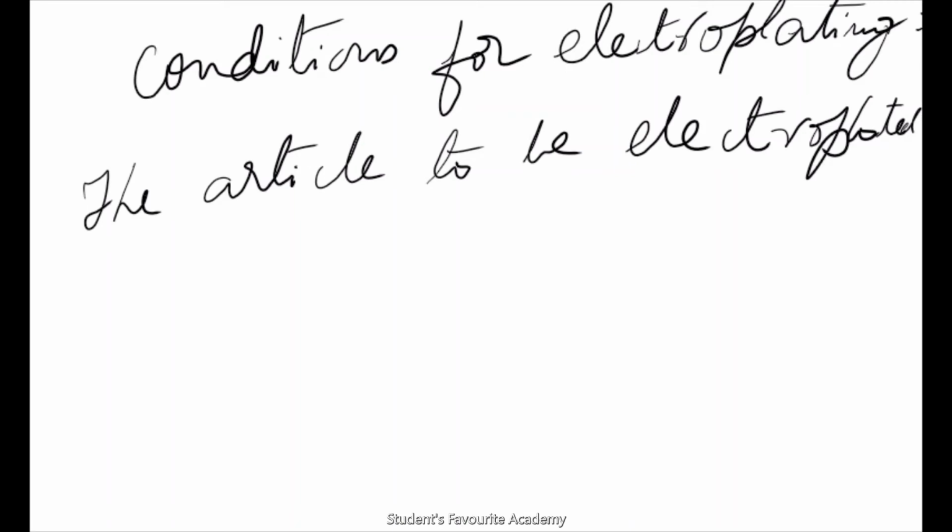This is a very often asked question. You are asked to even draw the diagram and show that a spoon is to be electroplated. Draw the diagram for the setup, they say. So the article to be electroplated is always placed at the cathode.